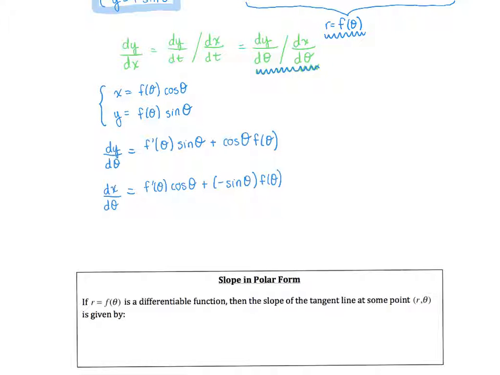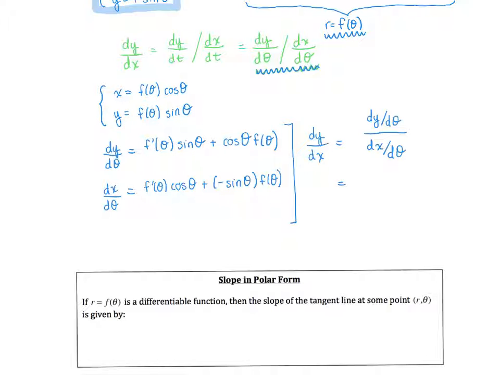So that now when we bring these together, we get that dy dx should be dy d theta over dx d theta. And so let's write that with the expansion that we have here.